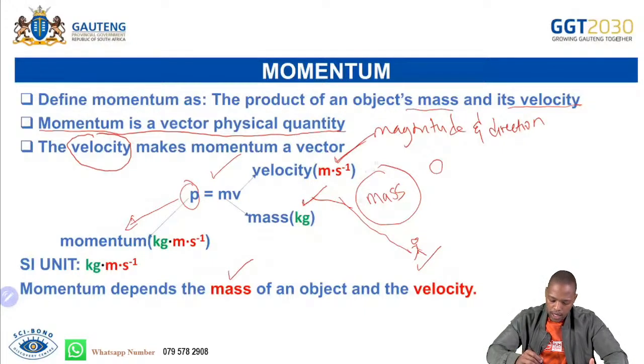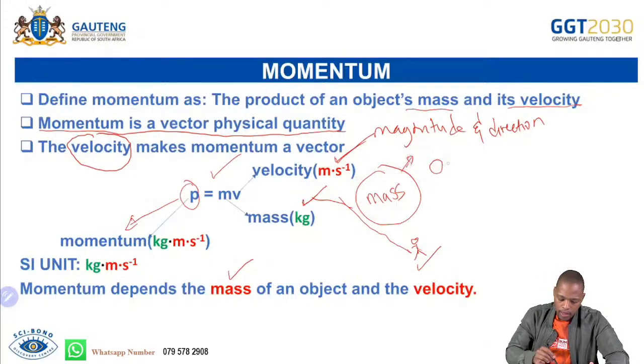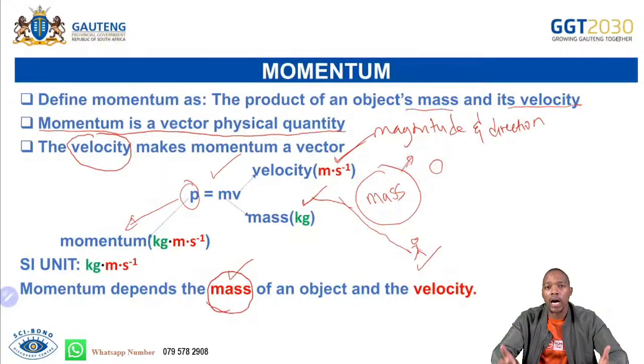And the reason for that is because the rock has a greater momentum. What's giving the rock a greater momentum compared to the tennis ball if they have the same velocity? The mass of the rock, because the rock has a greater mass. Its greater mass then gives it what? Its greater momentum.